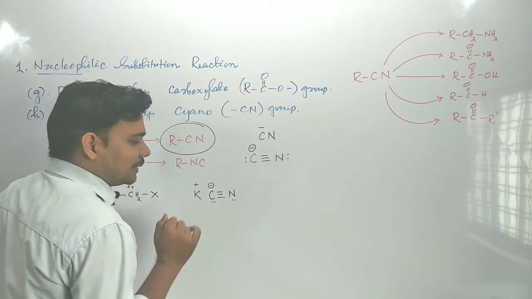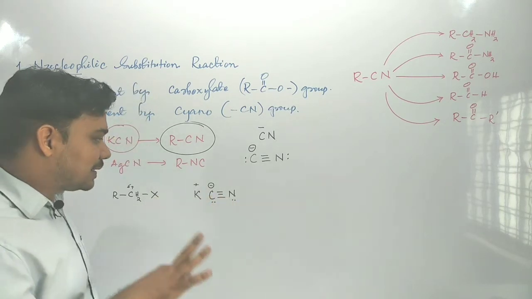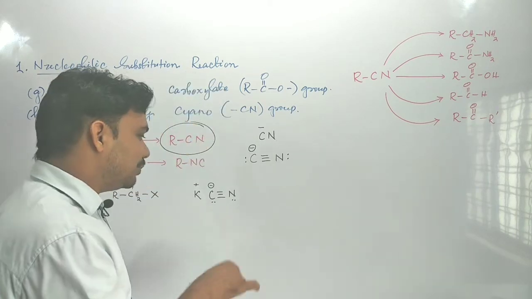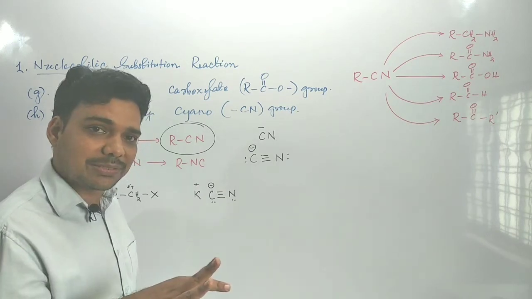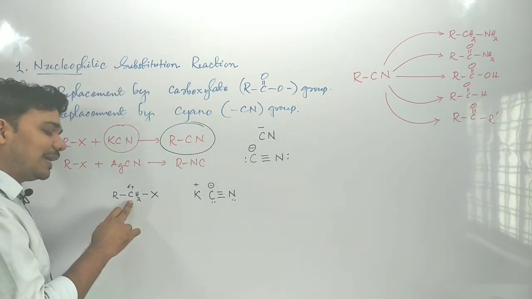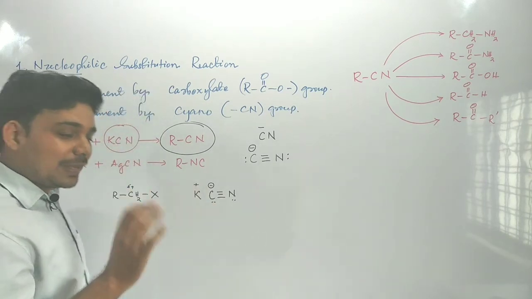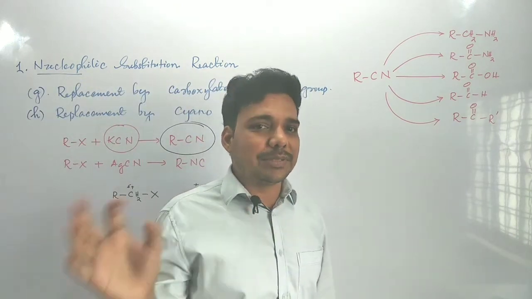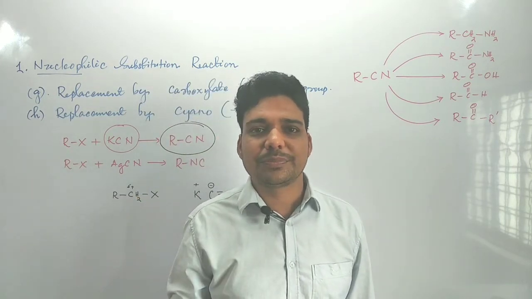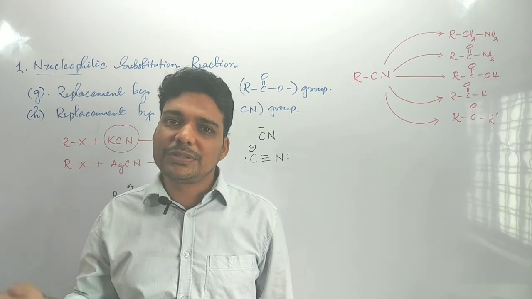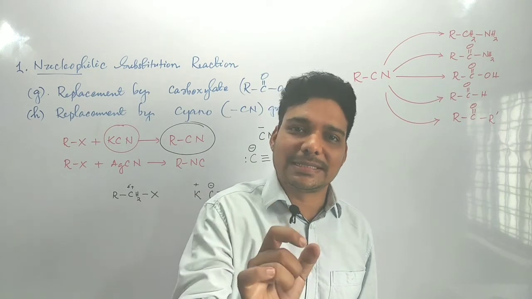And in cyanide, carbon is less electronegative than nitrogen. It means it is the softer base than nitrogen. This is soft acid. This side is quite softer. This is soft base. According to HSAB principle, hard soft acid base principle, a soft base tends to form bond with a soft acid.